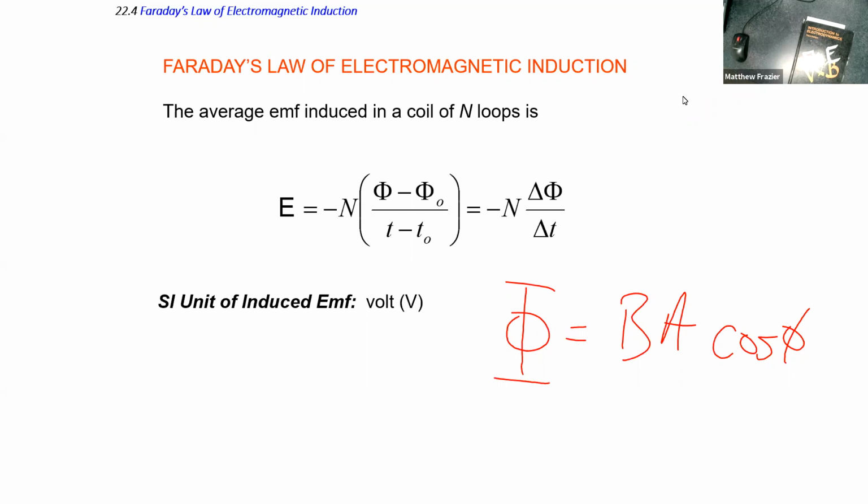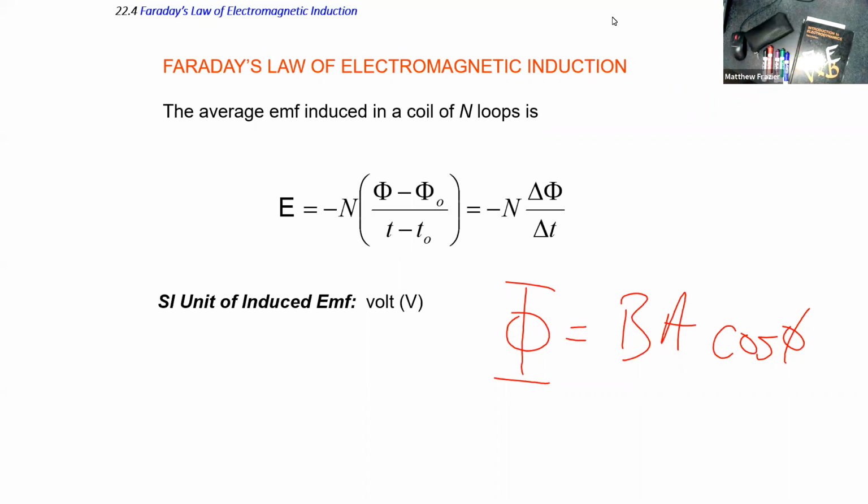That's the size of the field. Well, the field times the area is a measure of how many field lines there are. It's density times volume is total. So the flux is the number of field lines. And then the cosine comes in because it's the amount that's going through a surface with that area A. So if the surface is parallel, none go through it, even though they're there. Then it ends up being 0 because that cosine goes away.